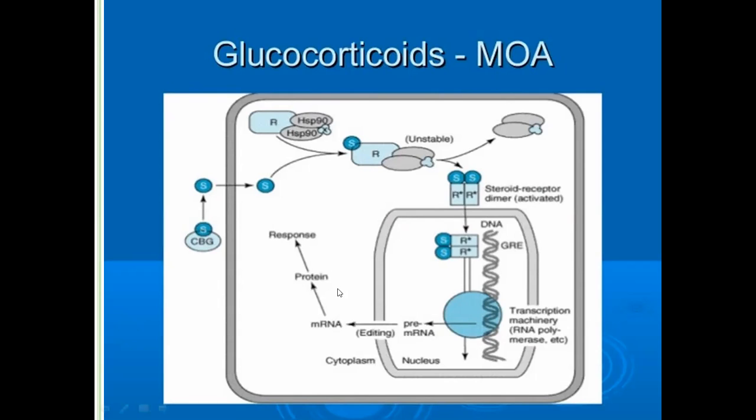After that it helps to regulate protein synthesis, that is formation of protein occurs, and the response is this. Glucocorticoid shows this protein synthesis action. Did you get the mechanism of action? How it produces protein synthesis from the penetration into the cell.